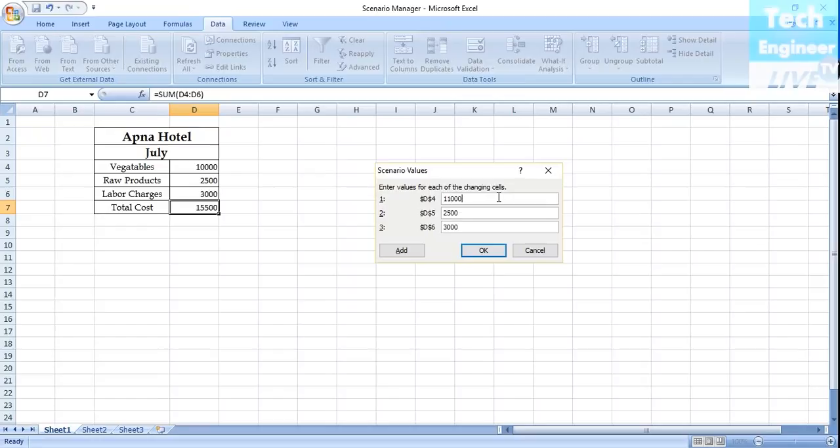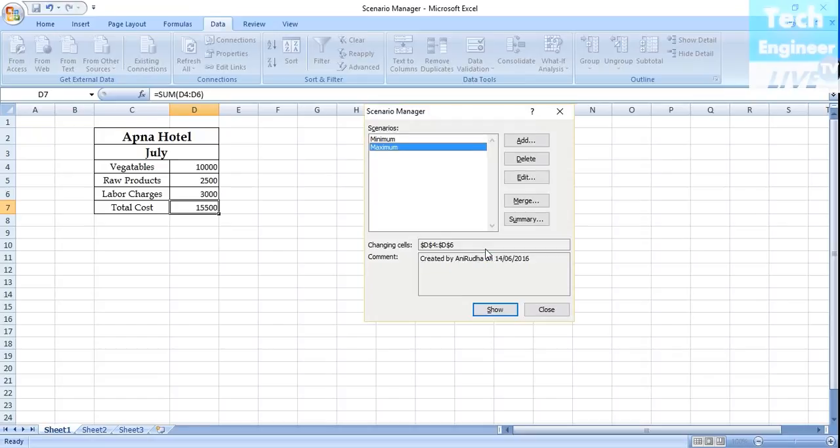There is a chance I have to shell out 500 more on raw products, and there are chances that I have to shell out 500 more on labor. So these are the expectation charts we created, according to what exactly it could be.